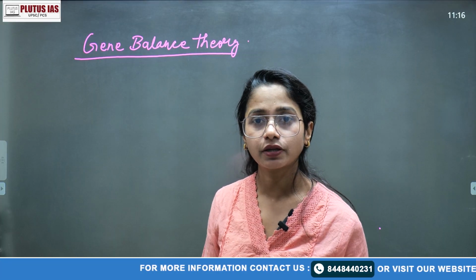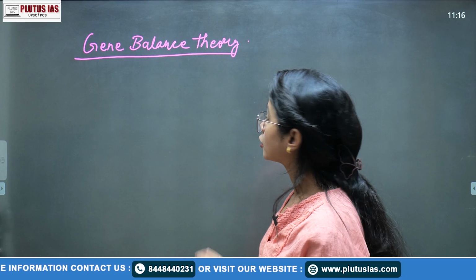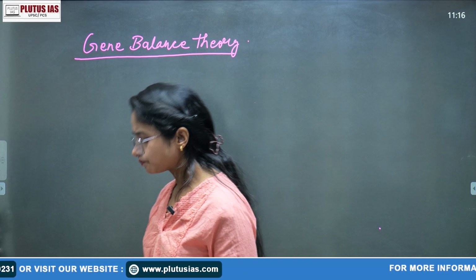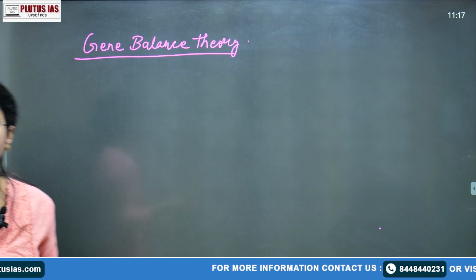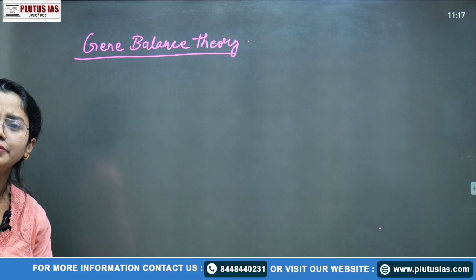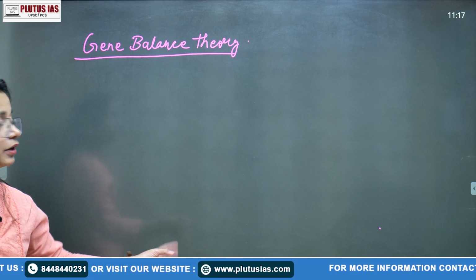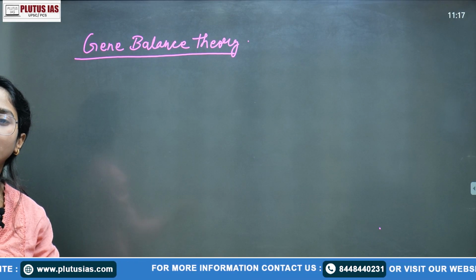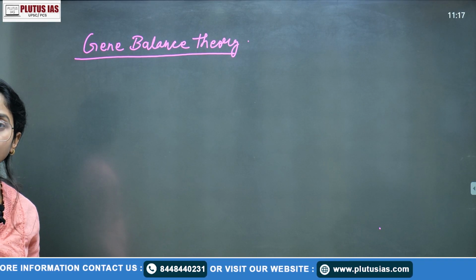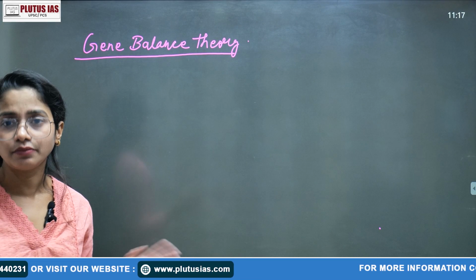And the 23rd pair is the sex chromosomes, right? So of course in humans, pairs 1 to 22 are not involved in sex determination specifically, but the 23rd pair is directly involved in sex determination. But you know what, in Drosophila the case is sometimes different.